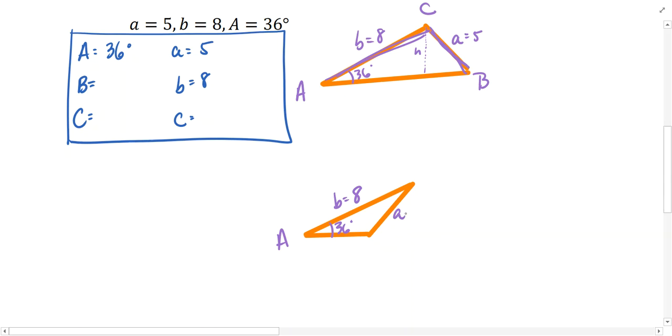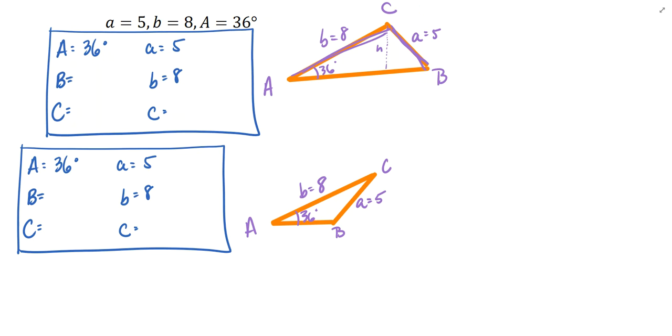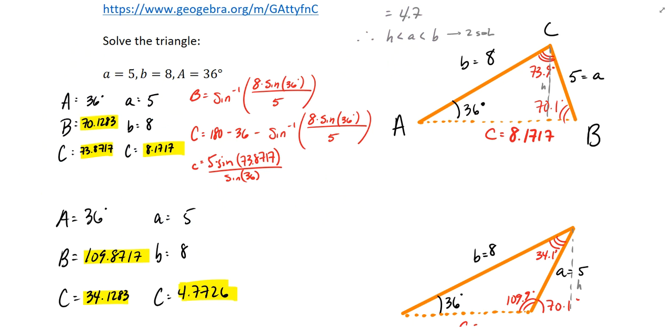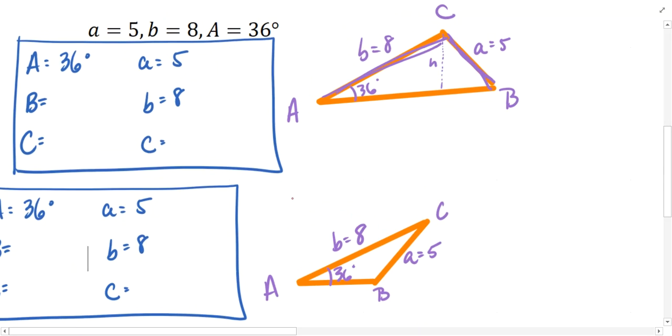We still have a side length A across this diagonal of 5, but angle B is now an obtuse angle, whereas up here it appeared to be acute. So angle B, angle C, as well as side length C are going to be different in this particular example. But here again, they will satisfy the provided information. So let's go ahead and solve this.